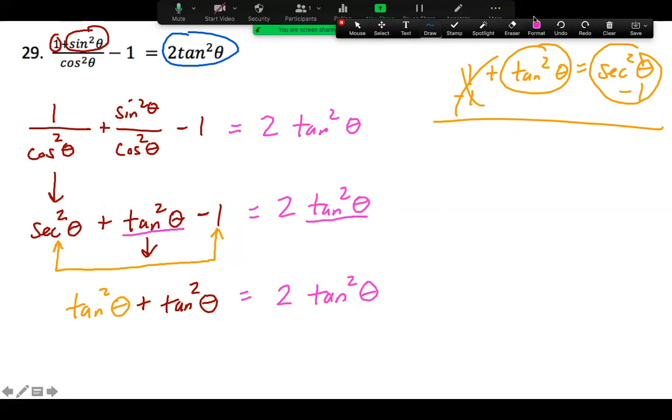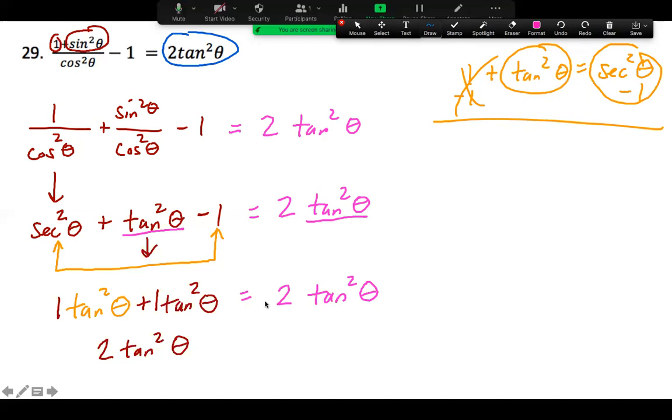So note on the left side, folks, what do we have here? We have tangent squared theta, which is like one apple, plus another tangent squared theta, which is like another apple. So apple plus an apple is 2 apples. They're not apples though, they're called tangent squared theta, right? Just like x plus x is 2x, tan squared theta plus tan squared theta is 2 tan squared thetas.